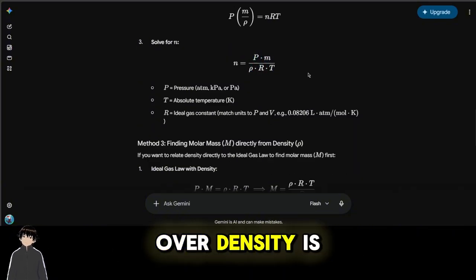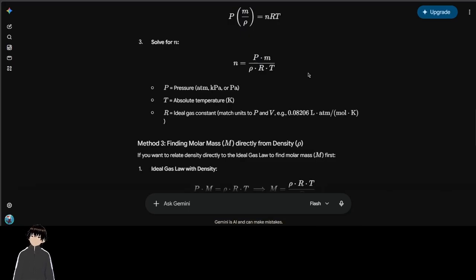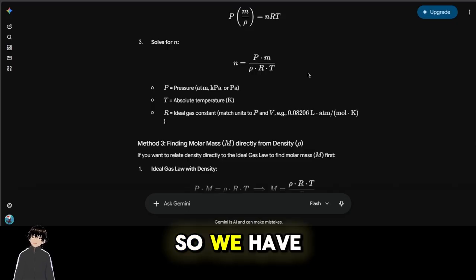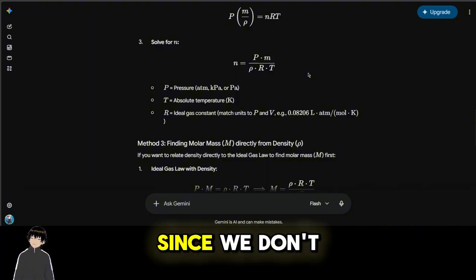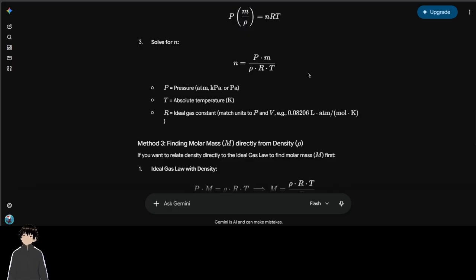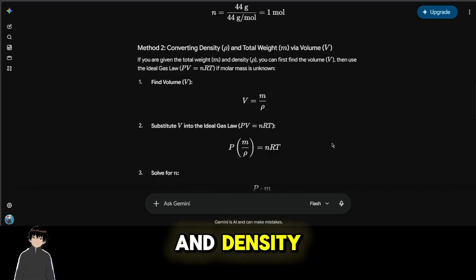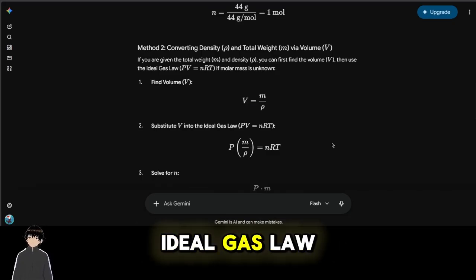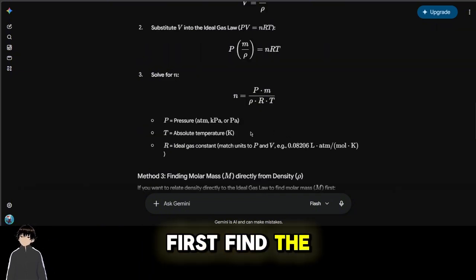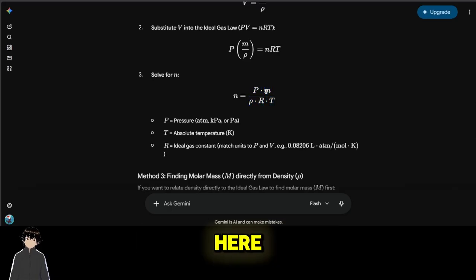Total weight over density solves for the volume, and then we have PV and RT. If you're given the total weight and density, you can first find the volume.